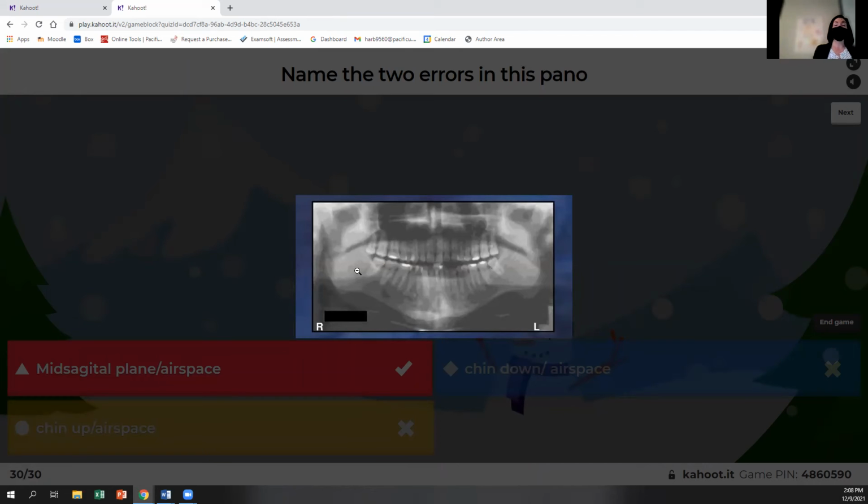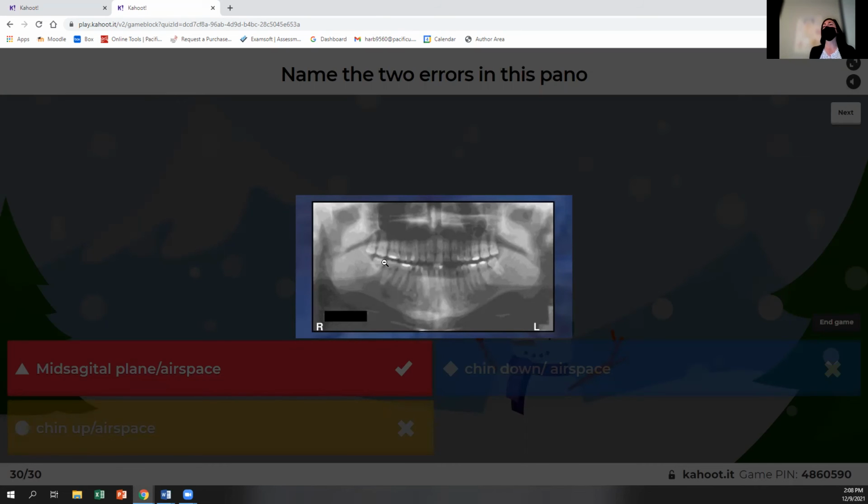That's very subtle, and I hope that a question on the exam is not quite that subtle. But do remember when you are looking for pano errors, if one of your options is mid-sagittal, then look for the equal sizing. Are my molars the same size on both sides? Is my ramus the same width on both? Even I forgot what the right answer was, and I didn't think it was too extreme. I didn't think it was a chin up or chin down, so then you have to compare.